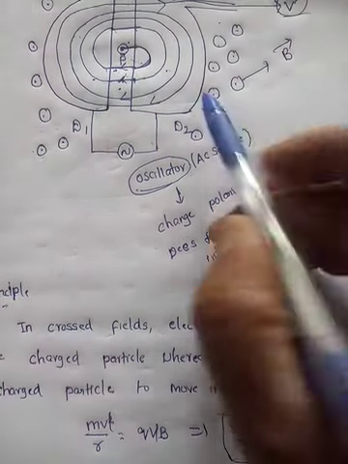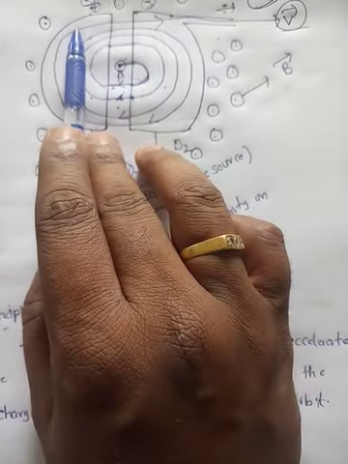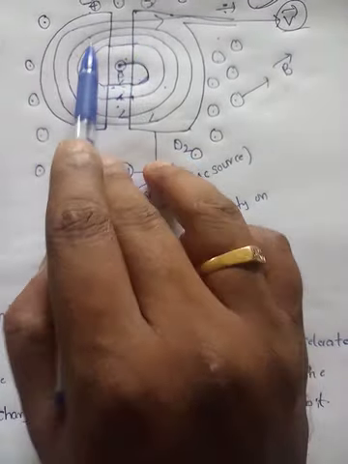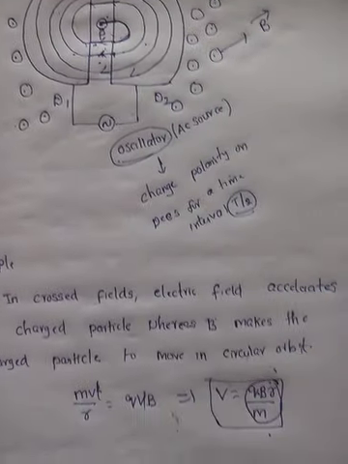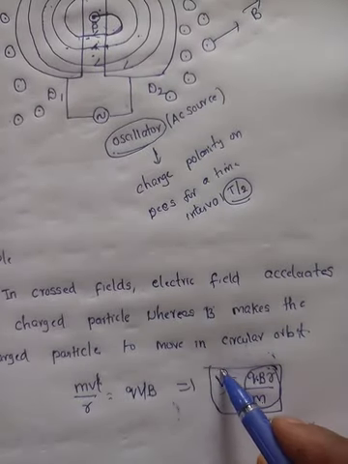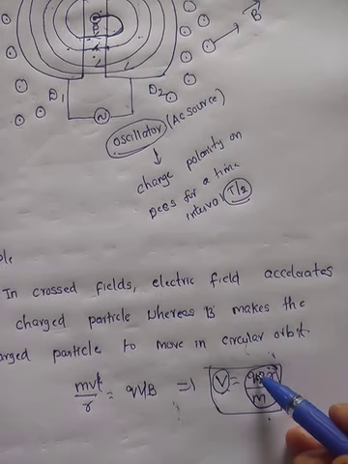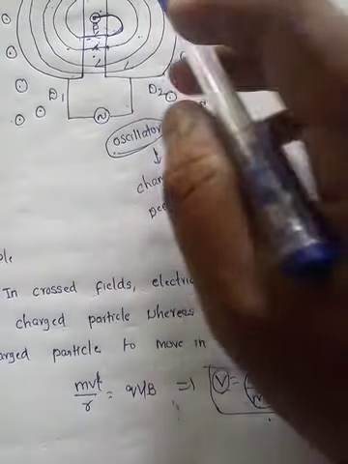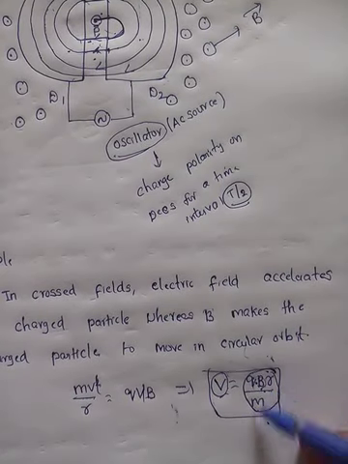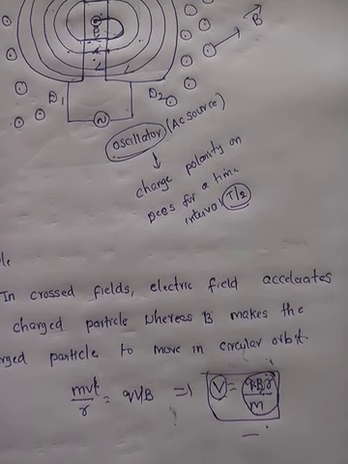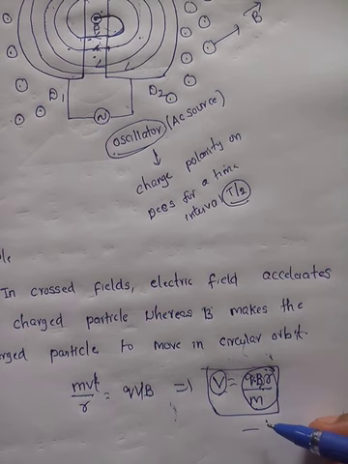So the radius of the circular path for each and every cycle goes on increasing, so the velocity of the particle increases. This is called the velocity selector equation. If you measure the radius and you know the applied magnetic field, can't you calculate the specific charge Q by M? That is why we said that this is used to find specific charge.